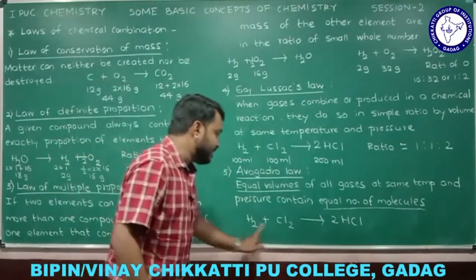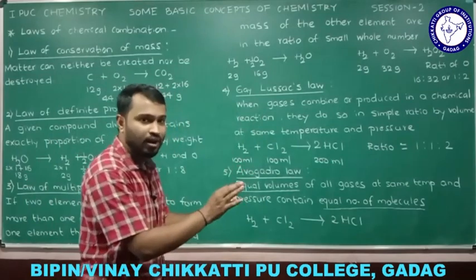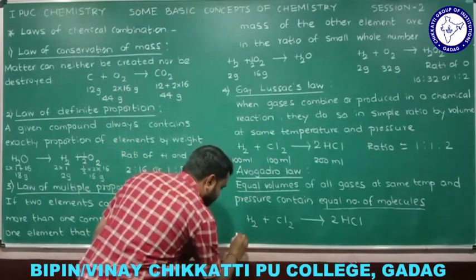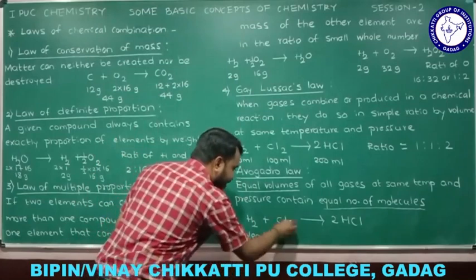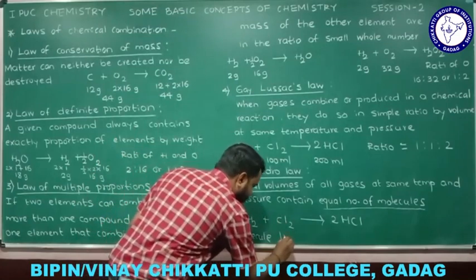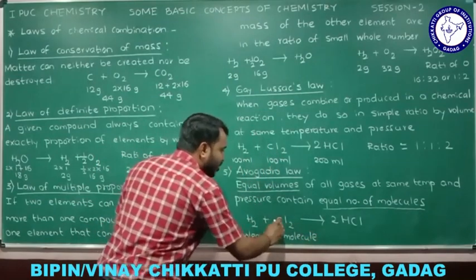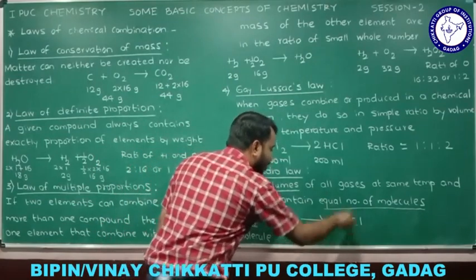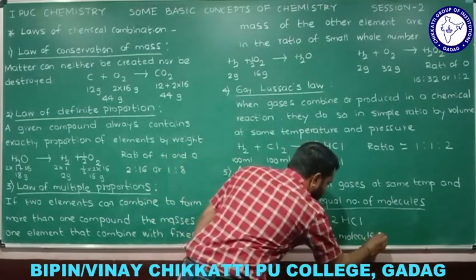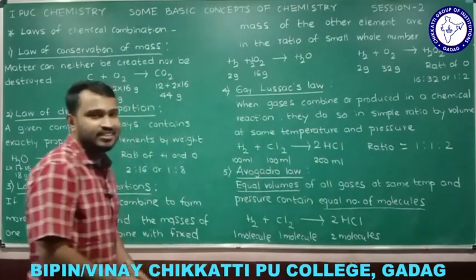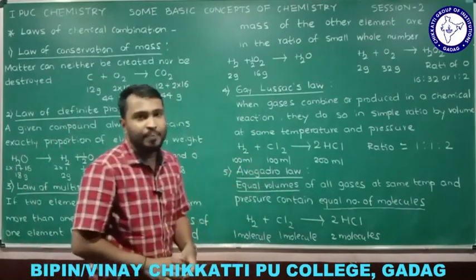So if these have equal volumes, then the number of molecules will be equal. Let us assume here we have one molecule. If the volumes of these two are the same, this is also one molecule, and the volume of this compared to these is doubled, therefore I consider two molecules here. So equal volumes of all gases have an equal number of molecules, provided the same temperature and pressure.